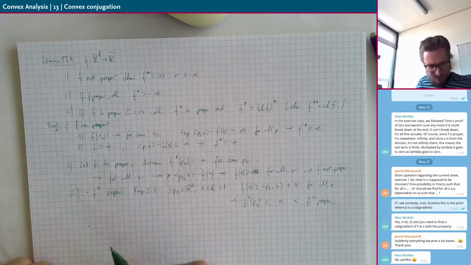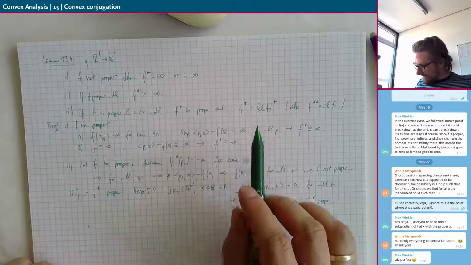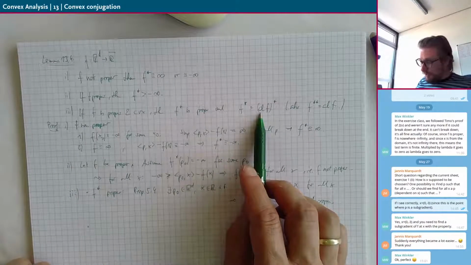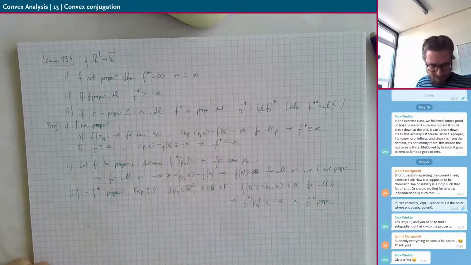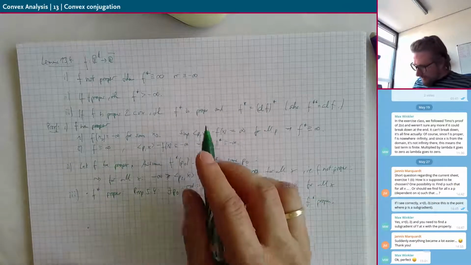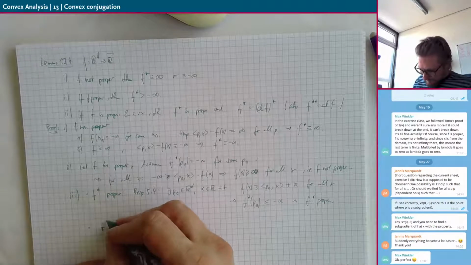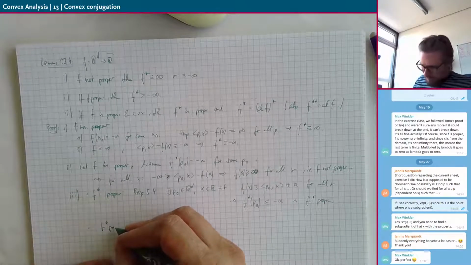Second part, that f star equals the conjugate of the closure. So we already know f is proper.